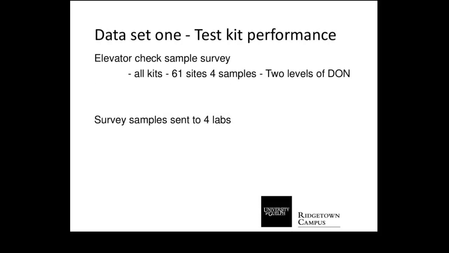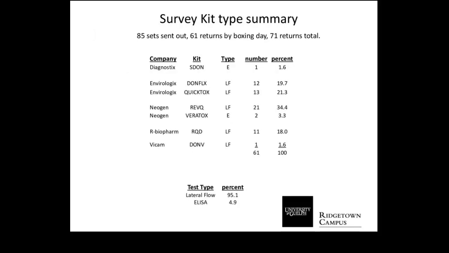For the first set of data, with the 2 levels of DON, we also sent those survey samples to 4 different labs to see if those samples were well prepared, and we had very consistent results between the various labs.